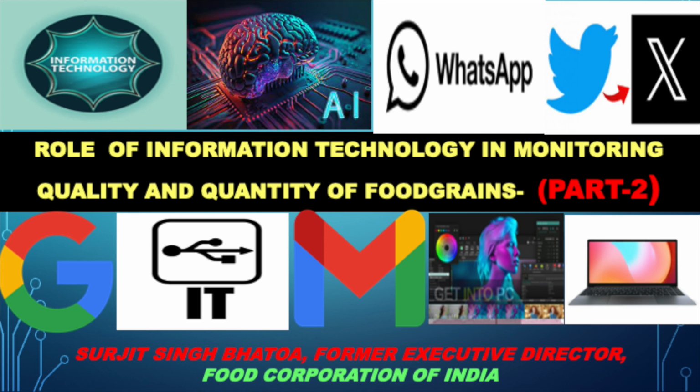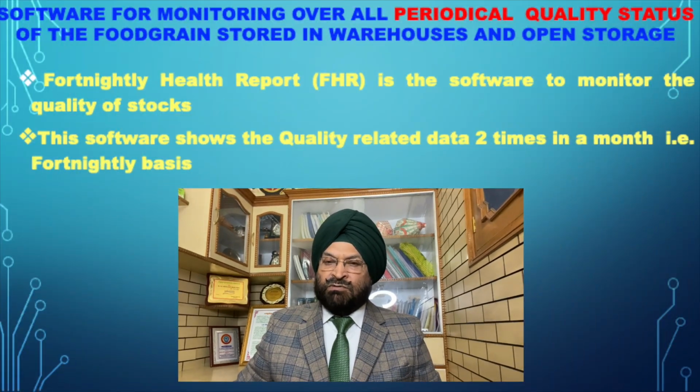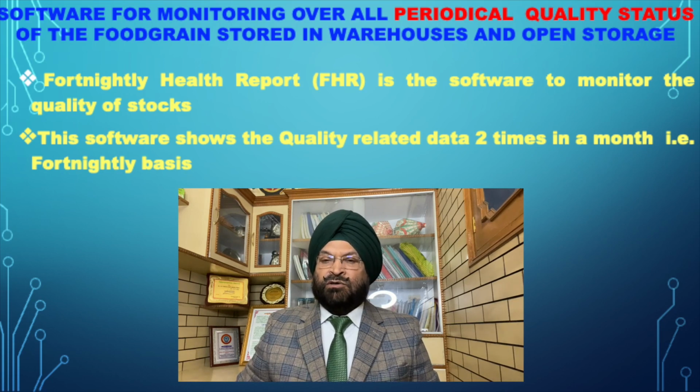Okay. So first and foremost is software for monitoring the overall periodical quality status of the food grain. This software can be named Fortnightly Health Report software, FHR. It is to monitor the quality.